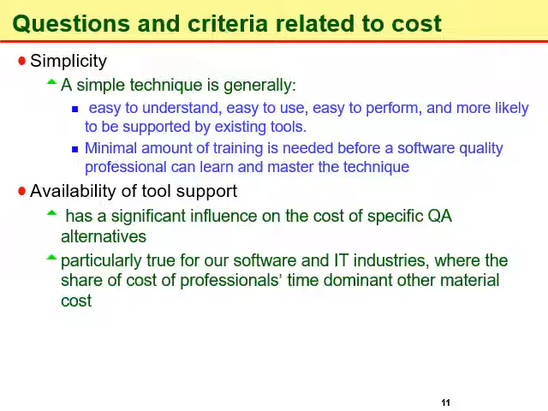Consequently, availability and affordability of software tool support is an important issue, because such automated support would save software professionals valuable time and allow them to perform other tasks as well.